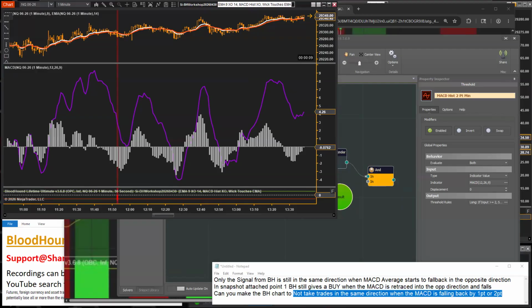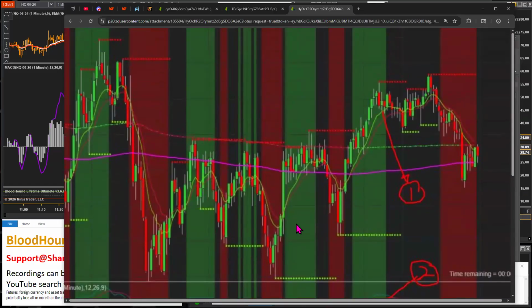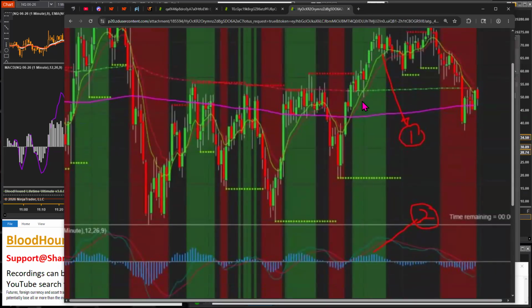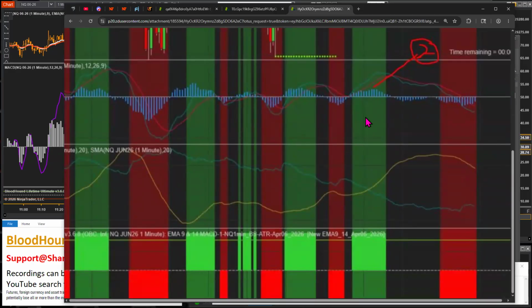Before we just skip past this, if you can provide me with how exactly these signals are being generated and output, once I can analyze the design, then I can figure out how we could prevent the signals when the MACD, and I guess this is the MACD histogram pulling back by a point, not the MACD.